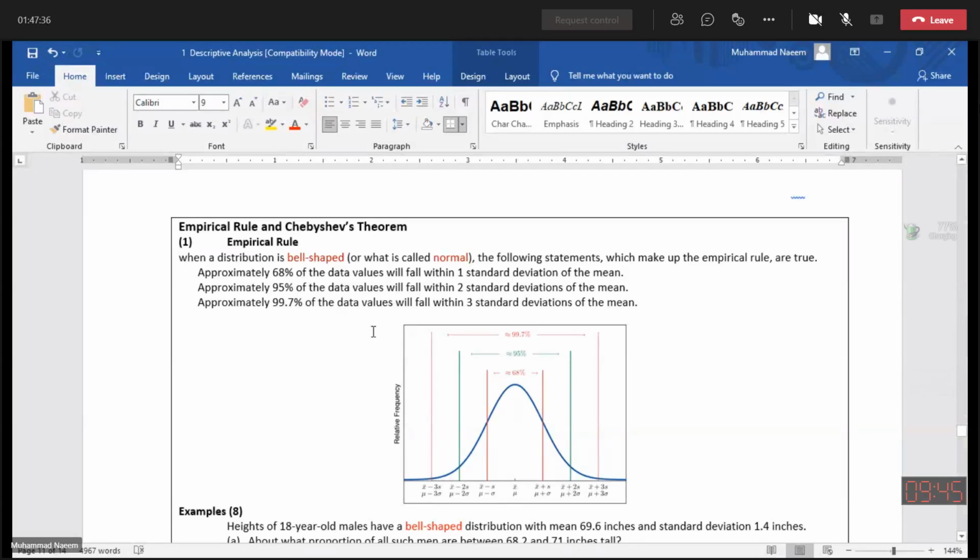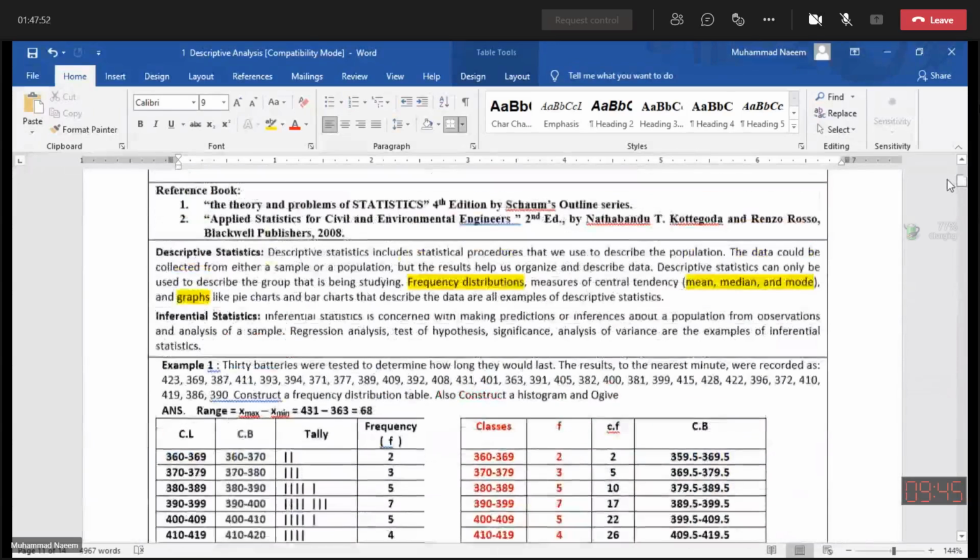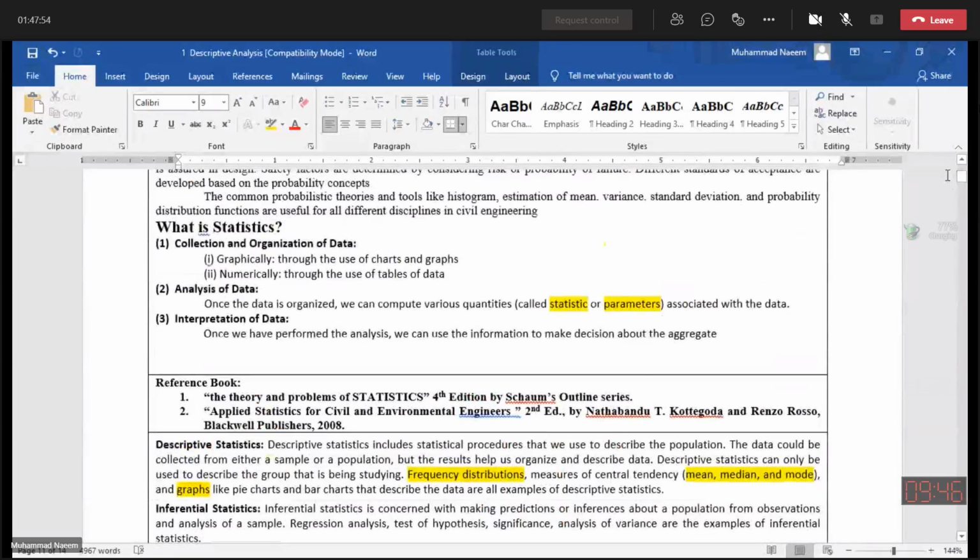Next time we will discuss, inshallah, the empirical rule and Chebyshev theorem, and skewness and kurtosis. I have uploaded this book, the first one, in the group.